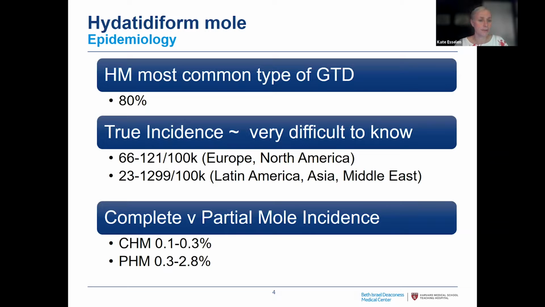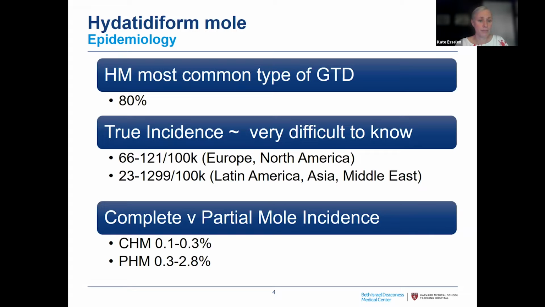The difference between complete and partial mole we'll spend a little time talking about, but we do think their incidence is also slightly different. In general, we think we're probably underestimating the incidence. Some series have done pathologic analysis on all early pregnancy losses, looking for complete or partial molar pregnancy tissue, and those have shown a higher incidence of molar pregnancies than the registry data.